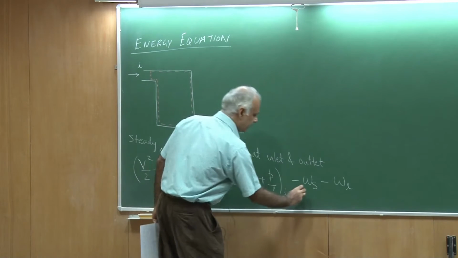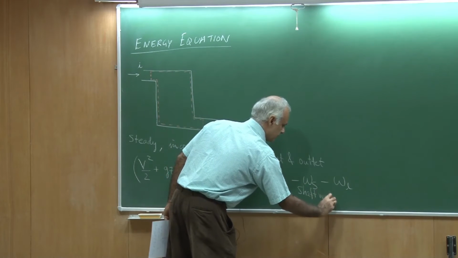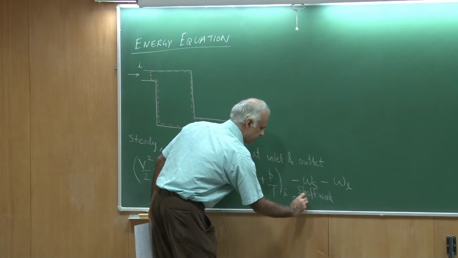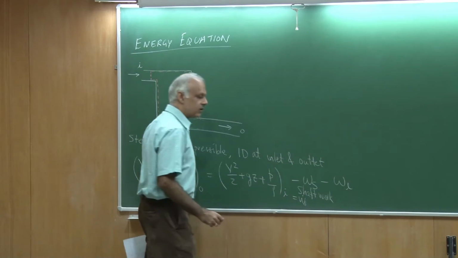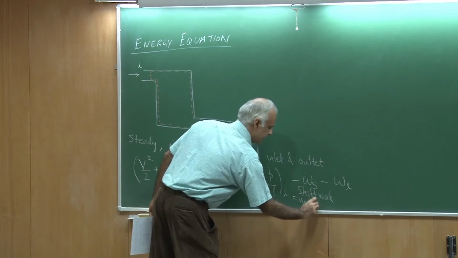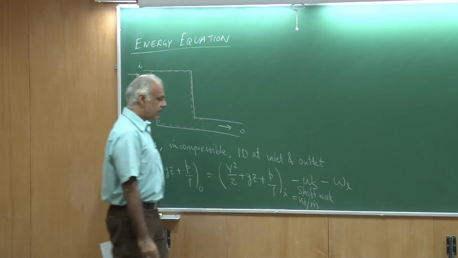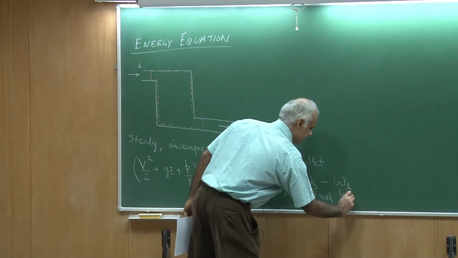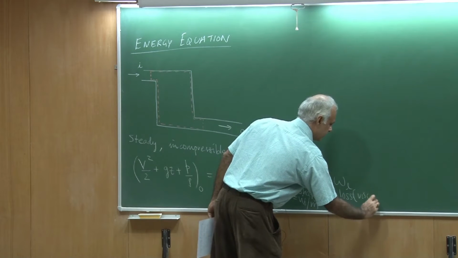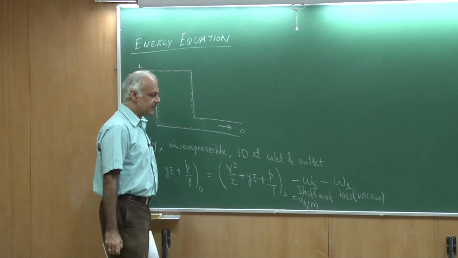Ws, as you recall, is the shaft work, and the shaft work is given as the work done by the control volume, that is positive, divided by the mass flow rate through the control volume, and Wl is actually the loss. This is primarily because of the viscous action, and it has two components in it.